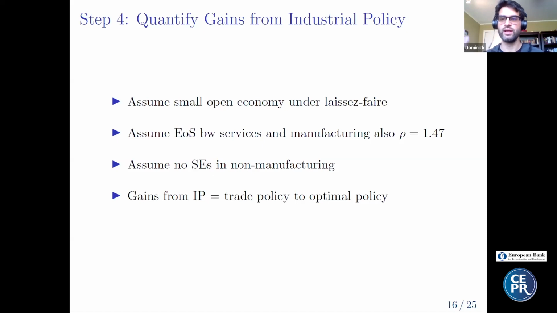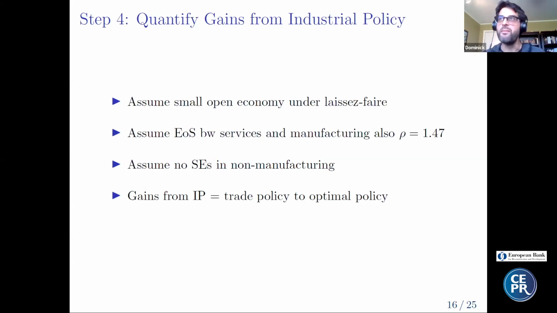You'll see that this will tend to amplify the gains. We'll show you what if there are scale economies in non-manufacturing. And we're going to define the gains from industrial policy as follows: the gains from going to the fully optimal policy less the gains from using trade policy alone.